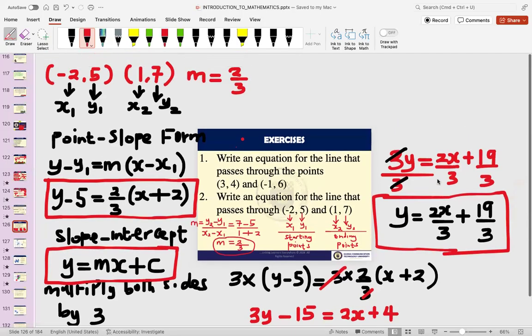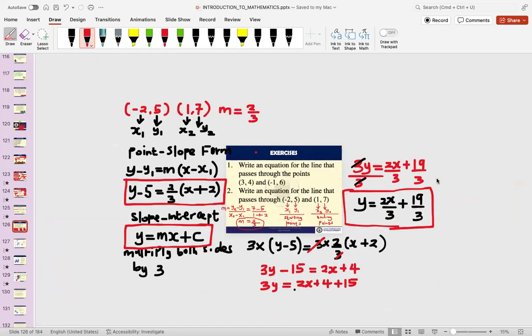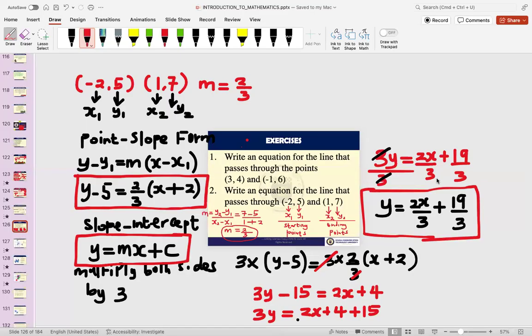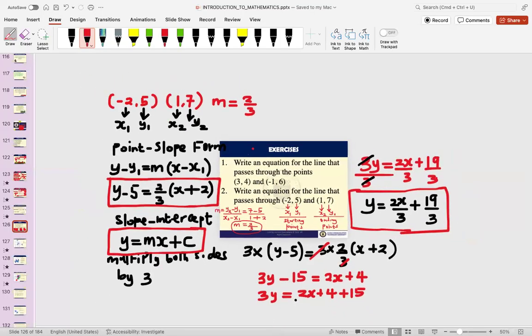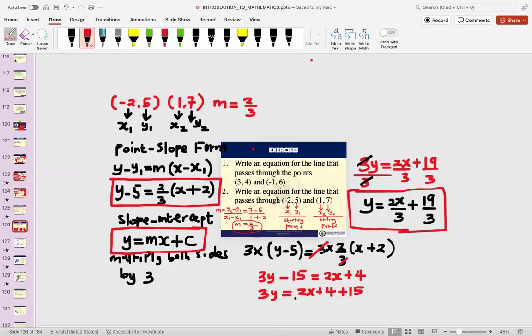Now, the final way we want to write this one is the first form, which is the standard form. And the standard form, if you remember the formula, both x and y are supposed to be on the same side.